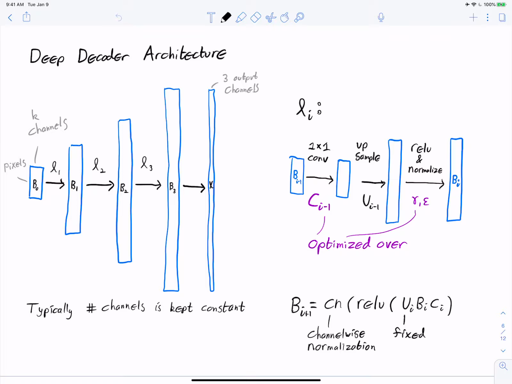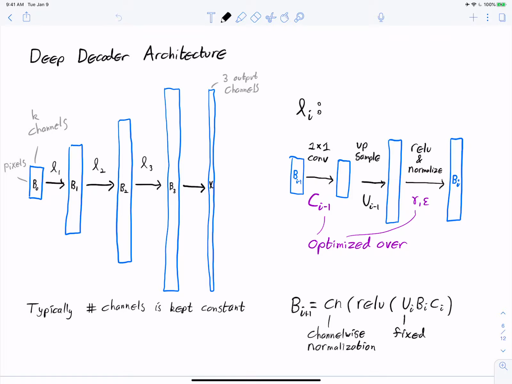And this is going to get us the output of this layer, which we'll call B_i. So here, there are two quantities that are optimized over. One is the matrix C, which corresponds to the one-by-one convolution, and also the normalization parameters, the gamma and epsilon that appear just like in batch normalization, except they're being applied over channels.